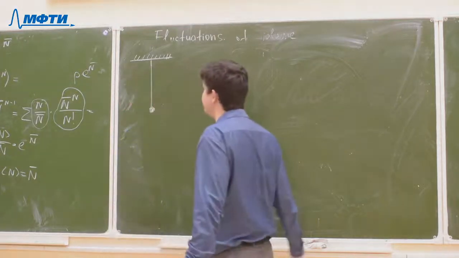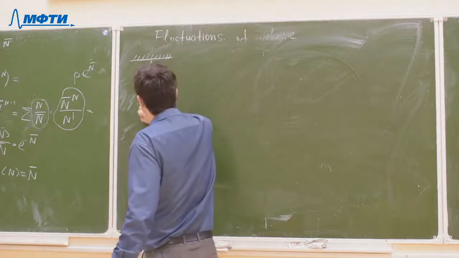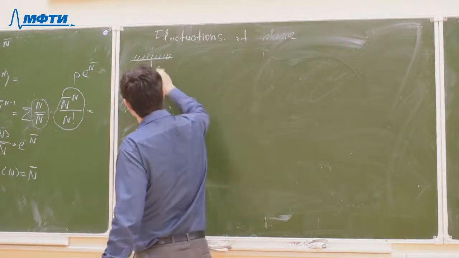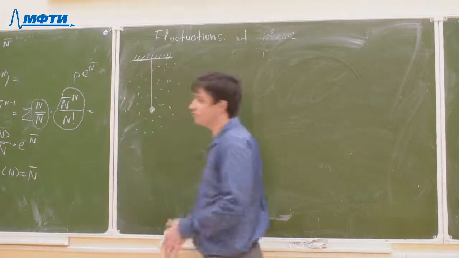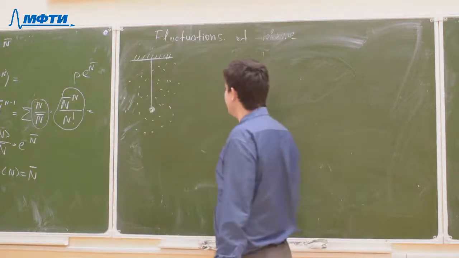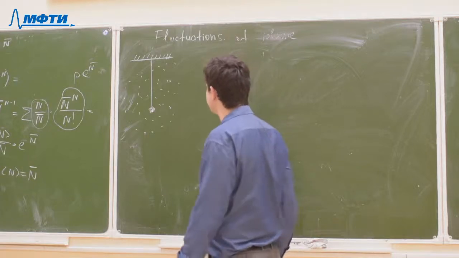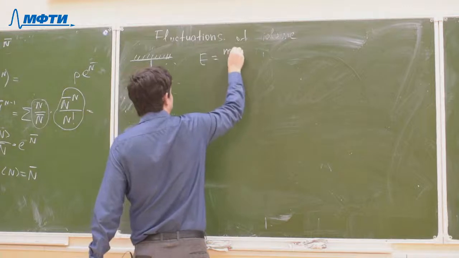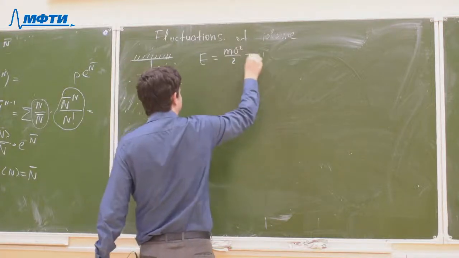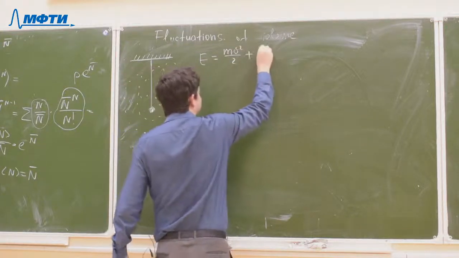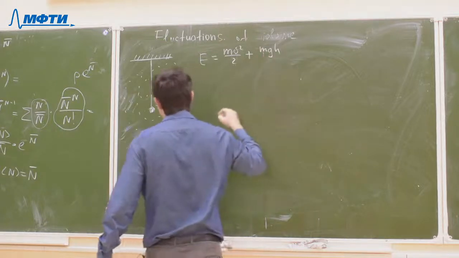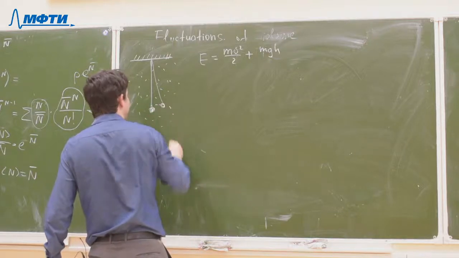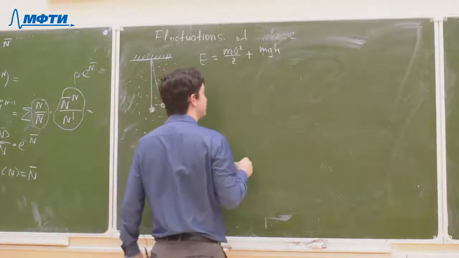So let's assume that we have a pendulum and we have a gas environment which can be found all around the pendulum. And the energy of the pendulum as a macroscopic system can be written as follows, where h is an elevation of the pendulum above its equilibrium position.